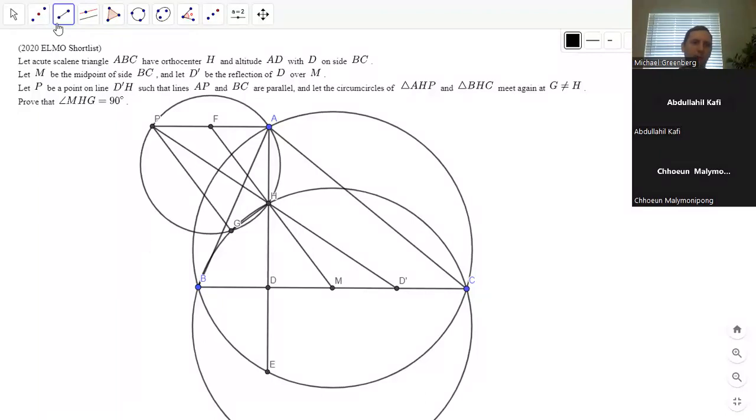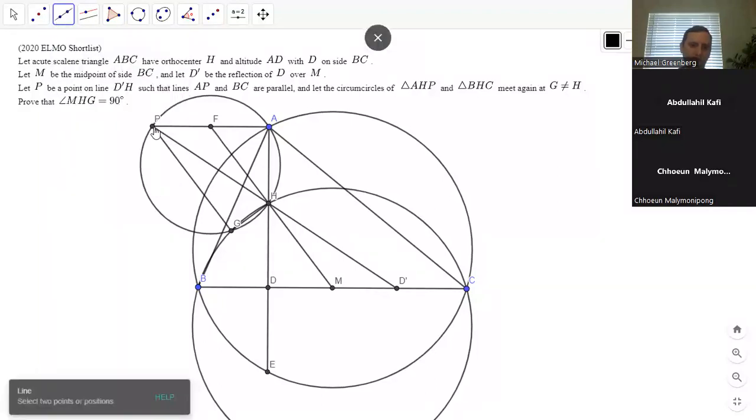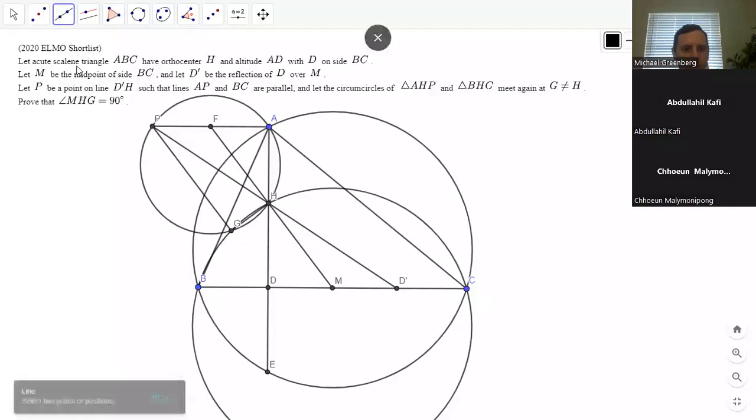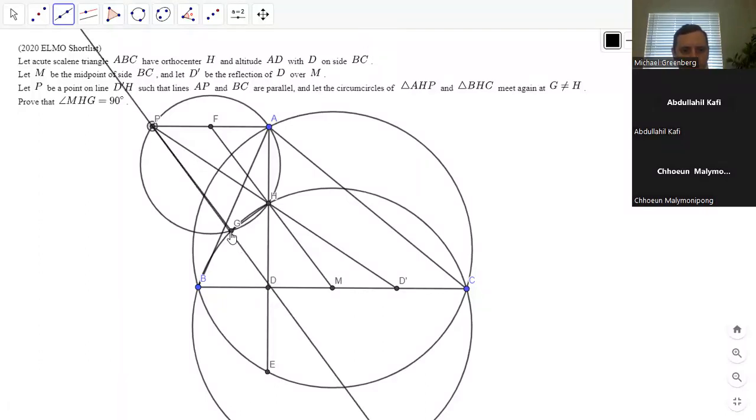I wonder if PG and D are collinear. No. So yeah, we really don't need point D. Well, we kind of need point D prime because we need to know this line, D prime H. So what if I draw this?